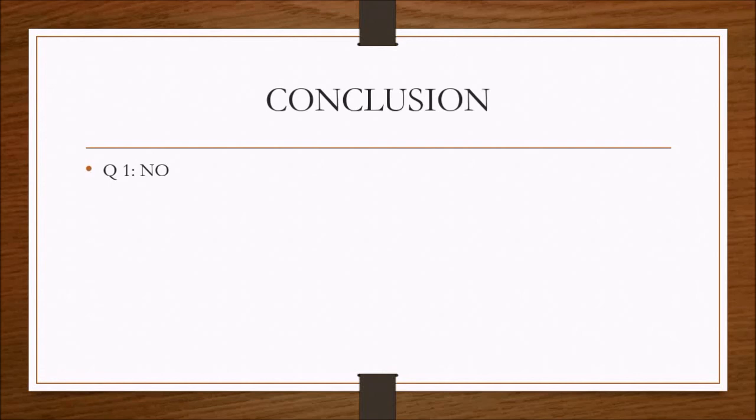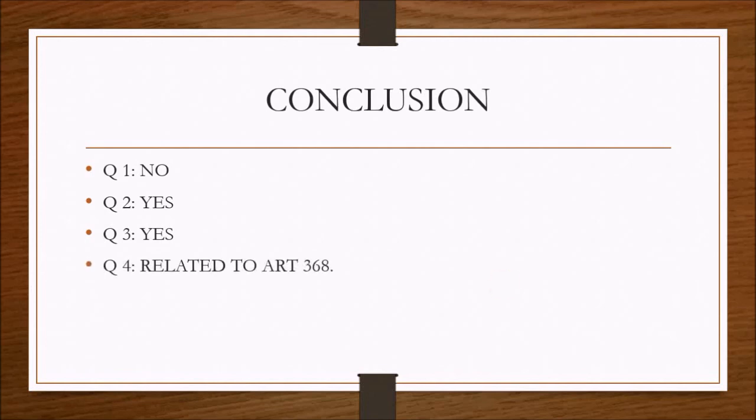So the answer is no. Question 2: if not, does Parliament have any power to implement it? Yes, Parliament has power to implement that agreement. Third question: is any legislative action necessary for the implementation of the agreement related to Berubari Union and exchange of enclaves? Yes, legislative action is necessary.